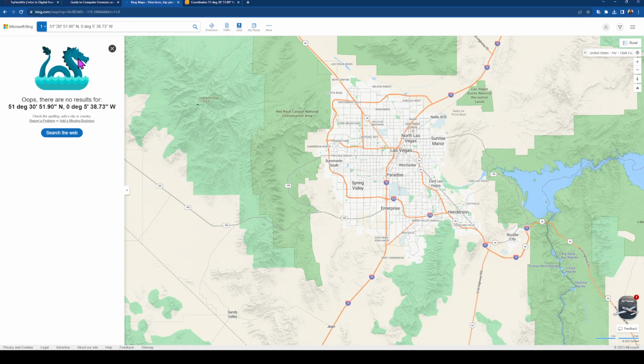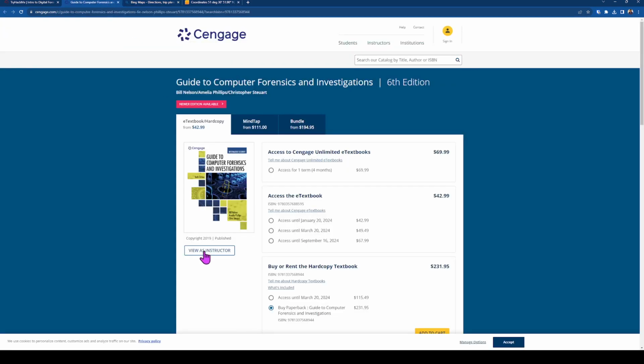I hope I didn't add anything extra in here. So Bing is not returning what we want.